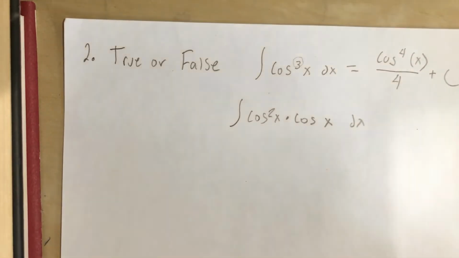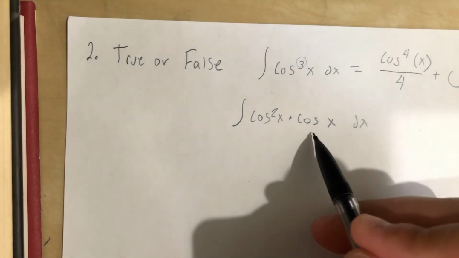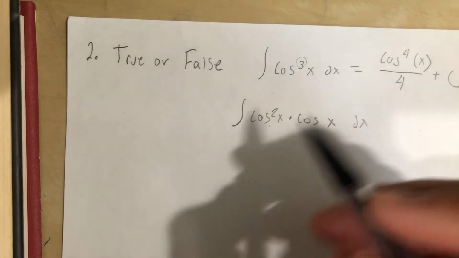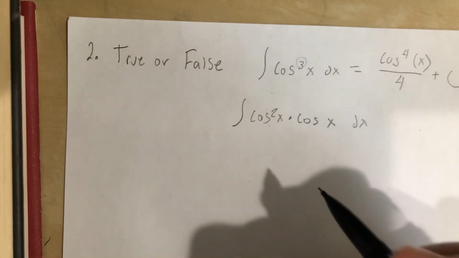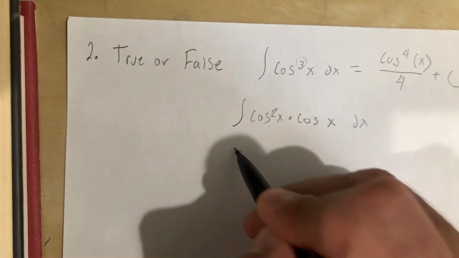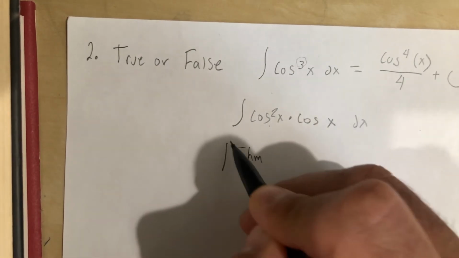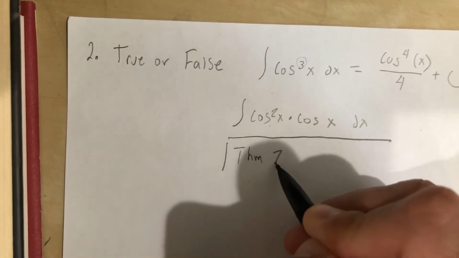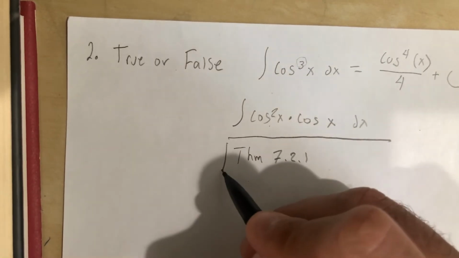From here, we know that if cosine is odd, then we save 1. So now we have this. And we know that cosine squared x is equal to 1 minus sine squared x. And this theorem is 7.2.1.